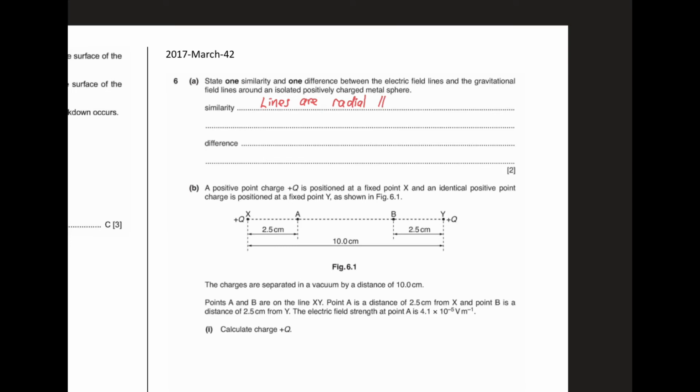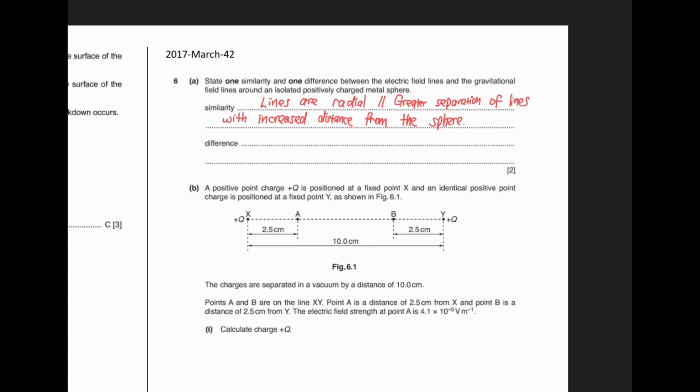So if you don't want this, you can say greater separation of lines with increased distance from the sphere. So this is the second option.